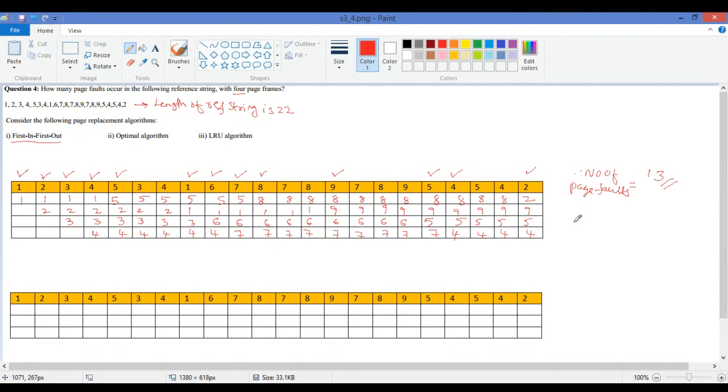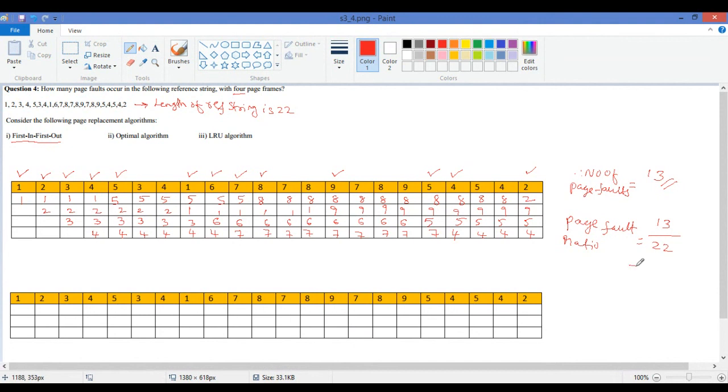And there is one more thing called page fault ratio. How do you find out the page fault ratio? Page fault ratio can be calculated by the total number of page faults divided by the size of the reference string, which is 22.